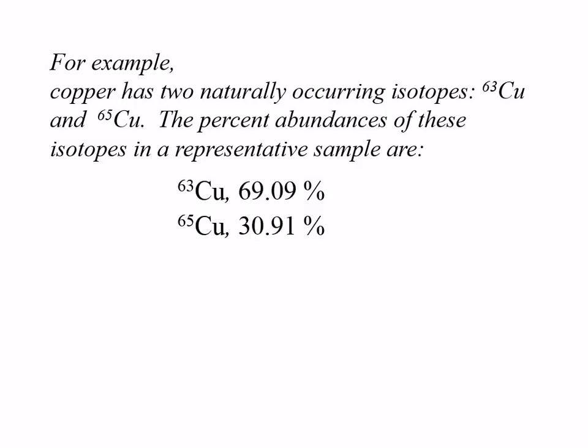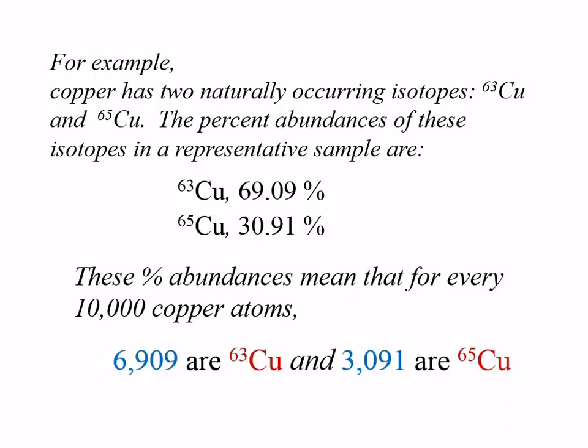If you were to go out and get a representative sample from Earth of copper atoms, 69.09% of those copper atoms would be the lighter form, copper-63, and 30.91% would be the heavier isotopic form.